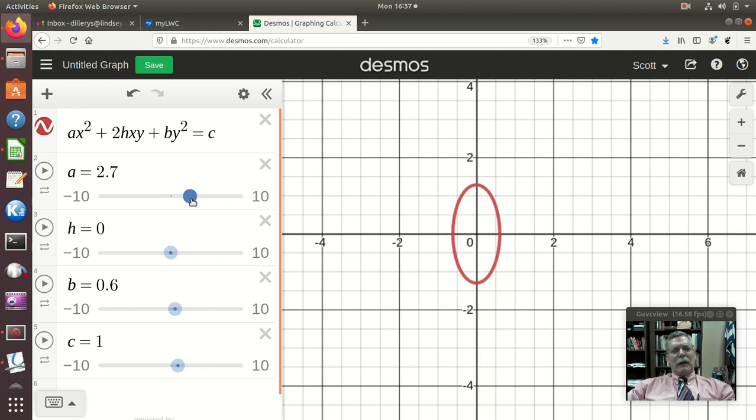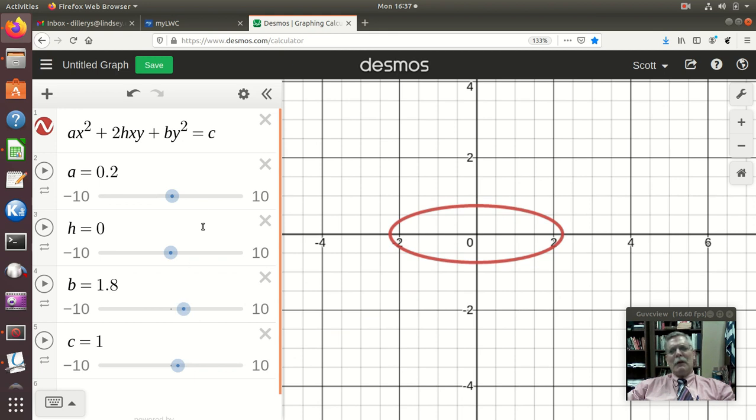Now I could change that simply by making b bigger than a. Well, actually, I'll go like that and then bring a down. Whoa, too far. So there I made the major axis go horizontal by making b bigger than a.